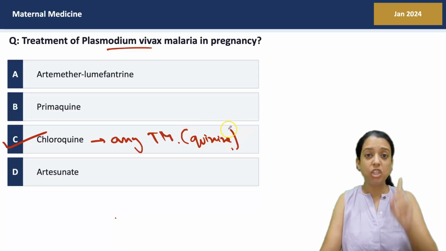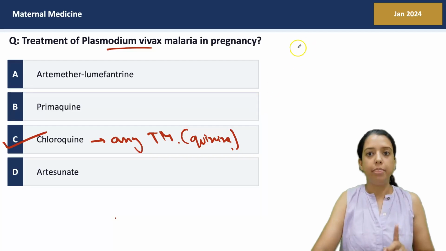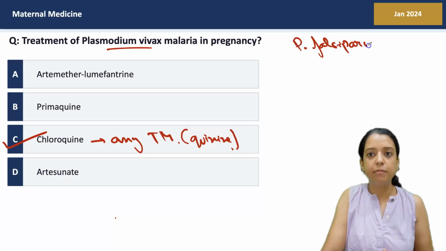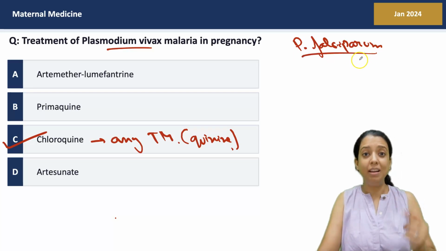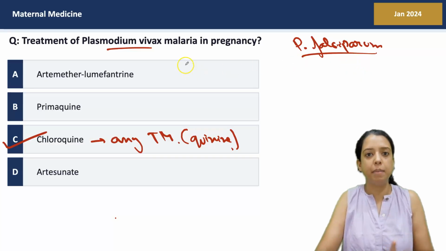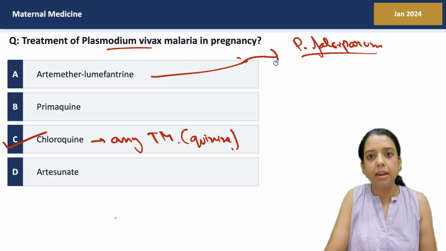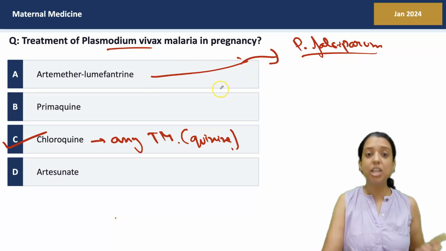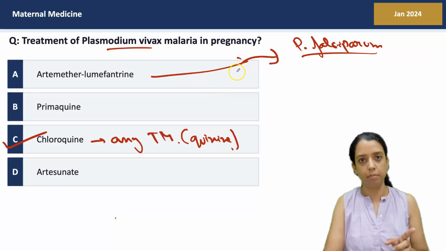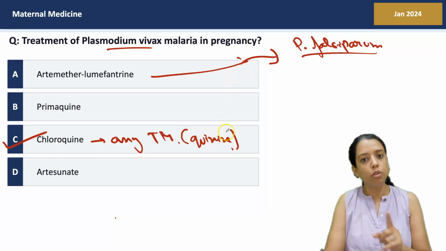Now, something that has changed recently by WHO, the treatment for falciparum malaria. Remember, it has been changed. Irrespective of gestation, the treatment for falciparum malaria is artemether and lumefantrine. Initially, it was said that artemether and lumefantrine cannot be used in first trimester, and we used to use quinine.